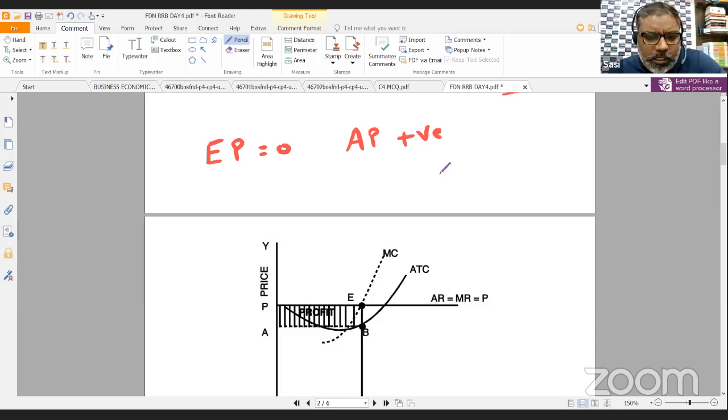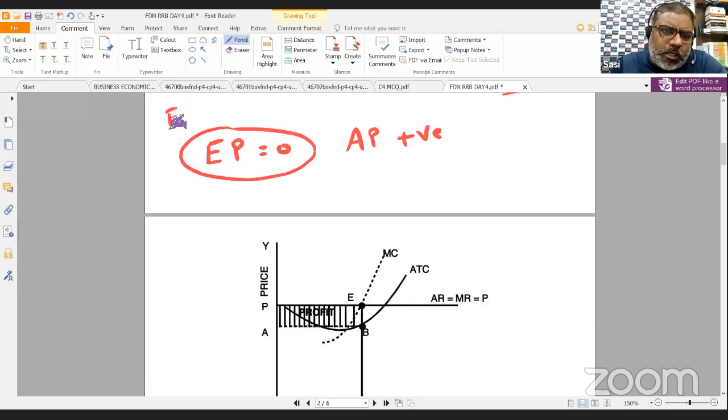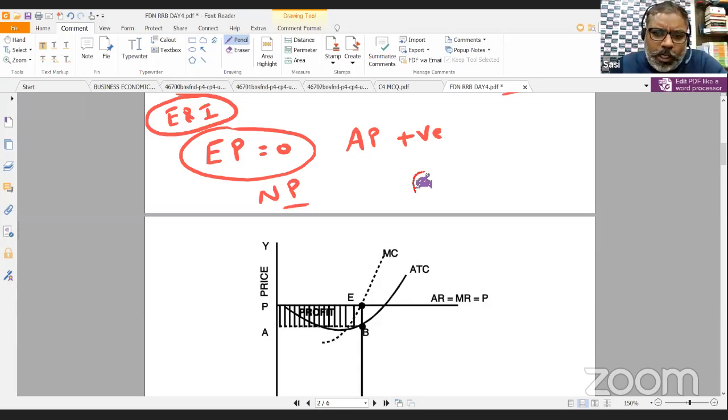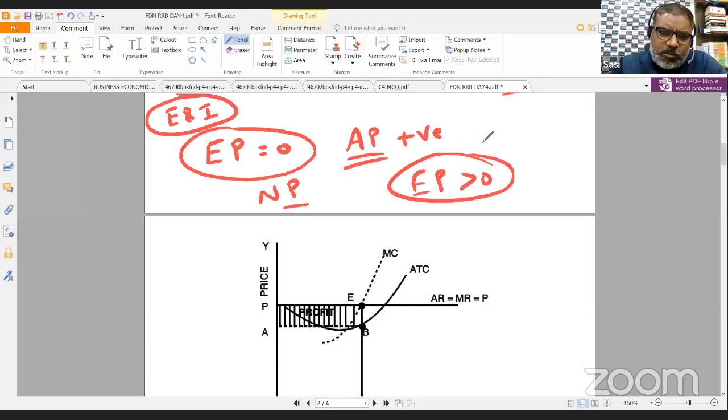All these things are linked with each other. Now, when economic profit is zero, it means the firm is able to cover its explicit costs and its implicit costs also. That means economic profit is zero. These are called normal profits. Normal profits, which profits? Accounting profits. When economic profit is greater than zero, of course accounting profit will definitely be greater than zero.